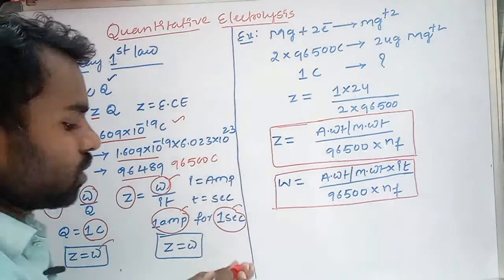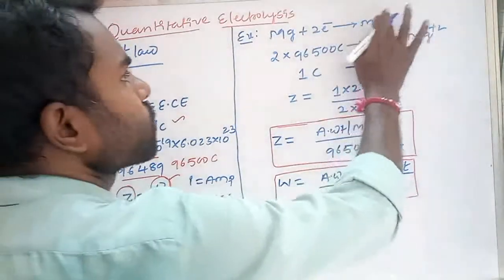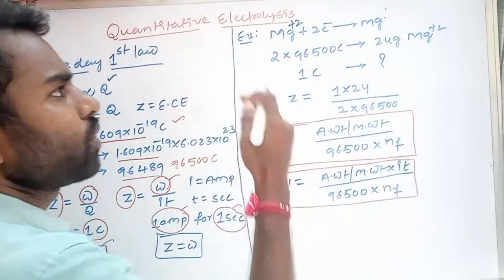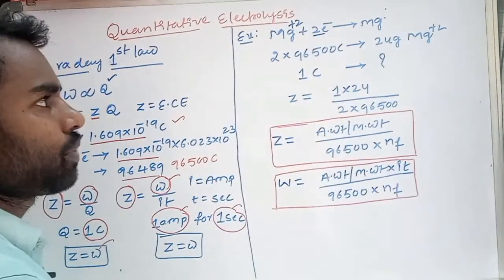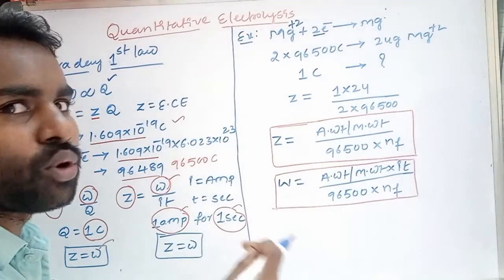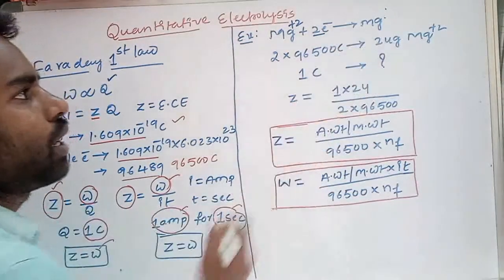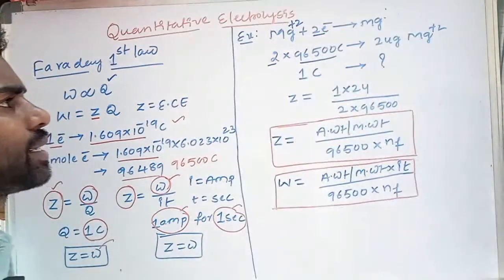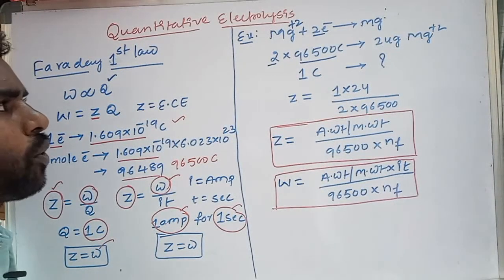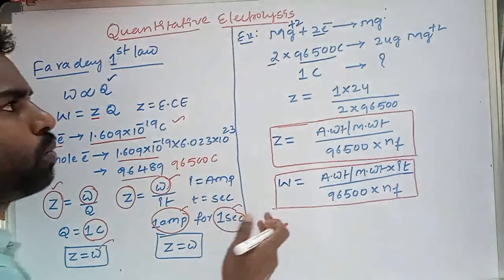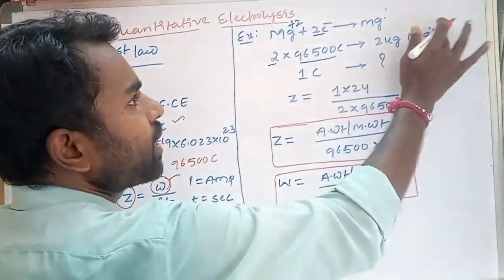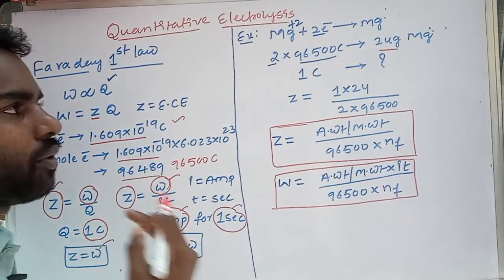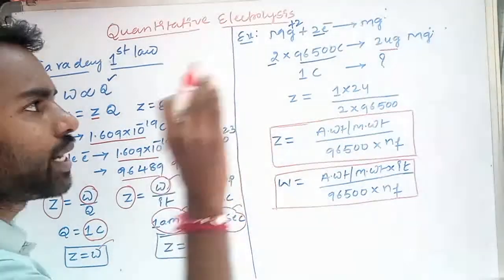Mg2+ is converted into Mg by taking 2 electrons, that is, 2 moles of electrons. So 2 into 1 mole of electron charge is 2 into 96,500 coulombs. When we pass 2 into 96,500 coulombs, 24 grams of Mg is deposited on the electrode.